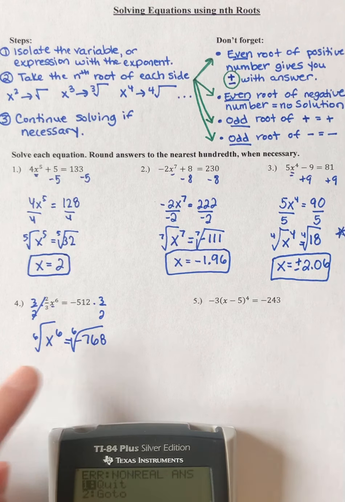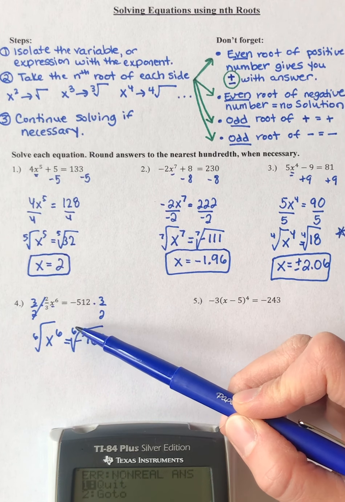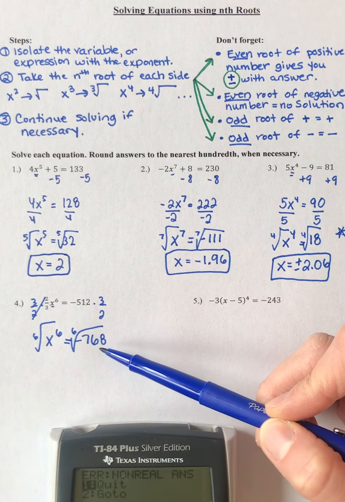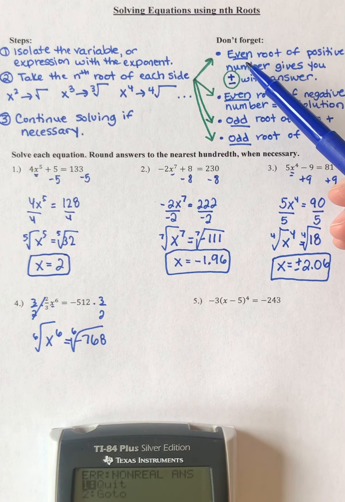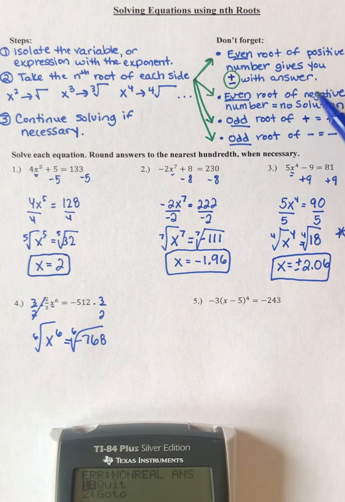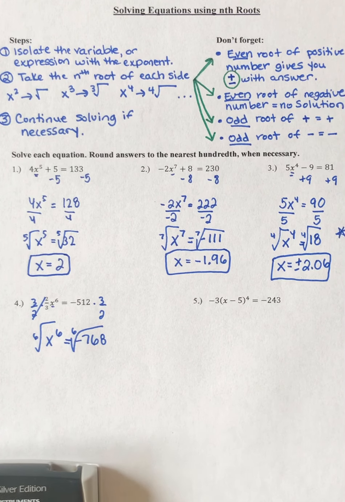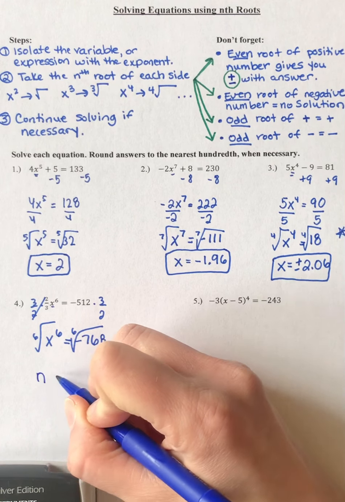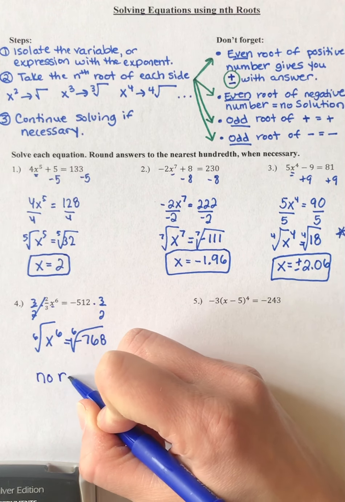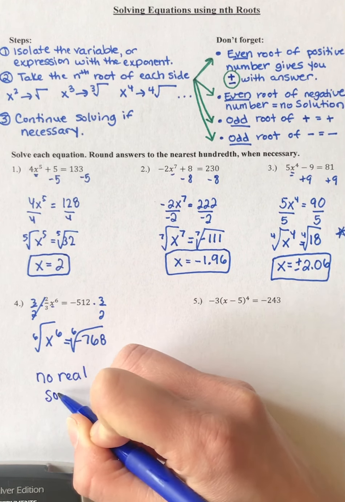Doesn't mean you typed it in wrong. It means, look, we're taking an even root, the 6th root of a negative number. So if I go back up to my rules here, taking the even root of a negative number, that's not possible. Nothing to the 6th power will ever give you a negative number. All right, so this problem has no real solution.